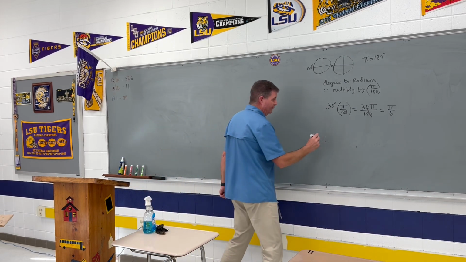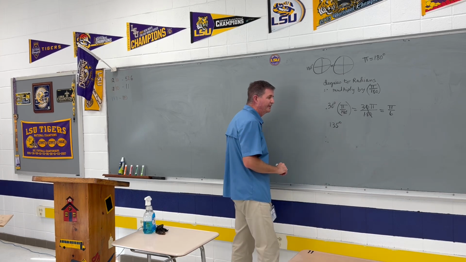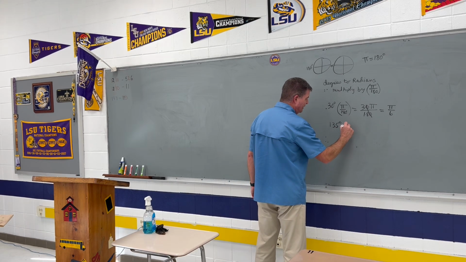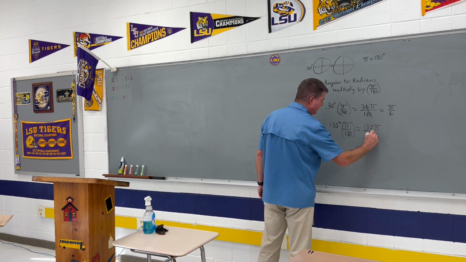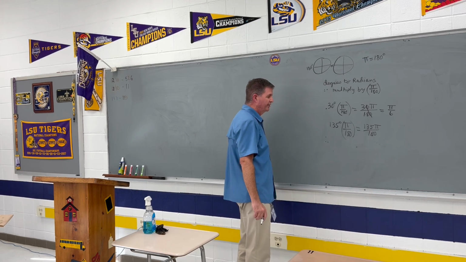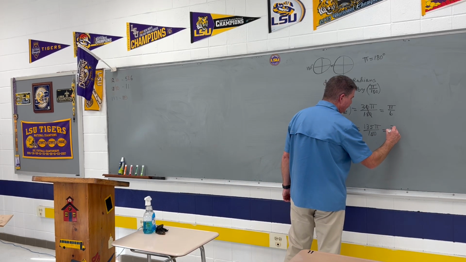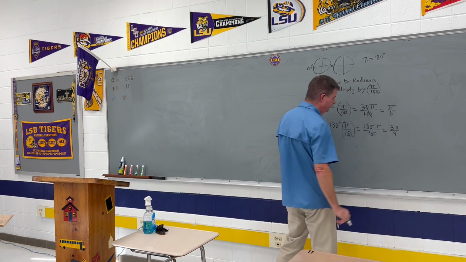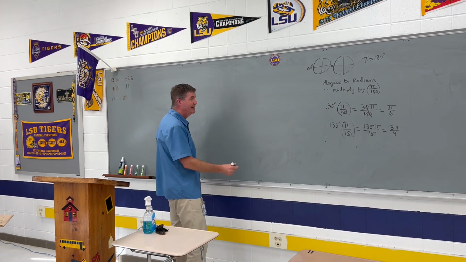If I do that with another number, suppose it's 135 degrees, multiply by pi over 180, 135 pi over 180. 135 and 180 simplify to 3 pi over 4. If it's a negative number, it just stays negative.